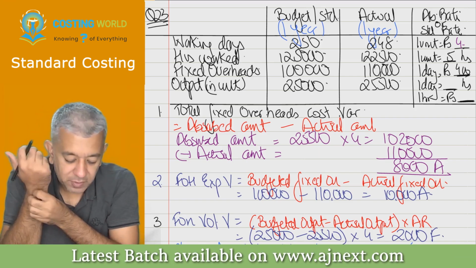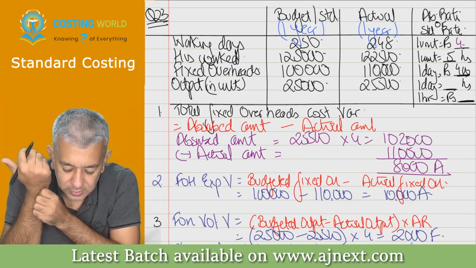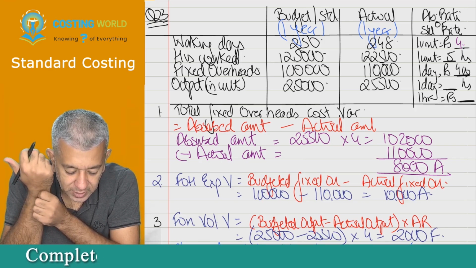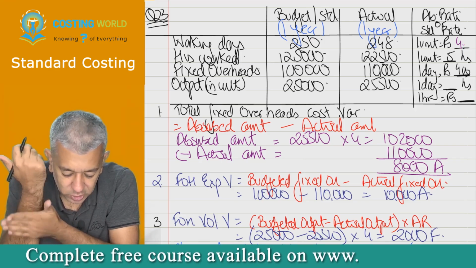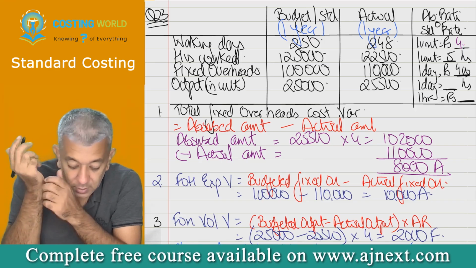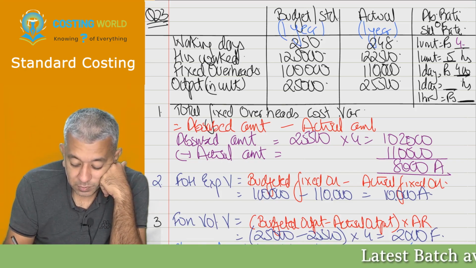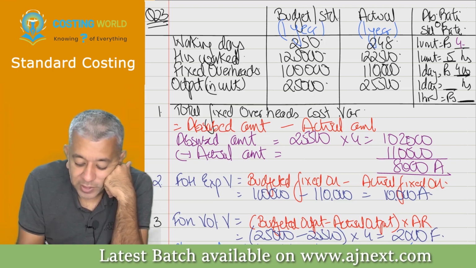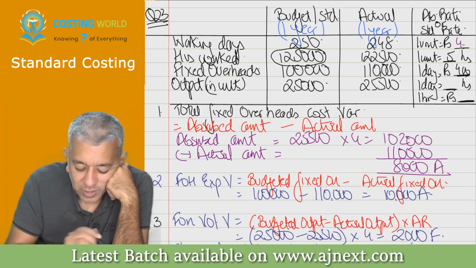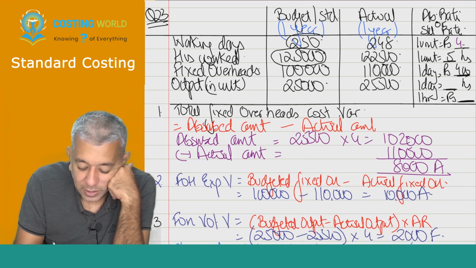Now, 1 day is equal to how many hours? For the entire year, 1,25,000 hours. For the entire year, 250 days.